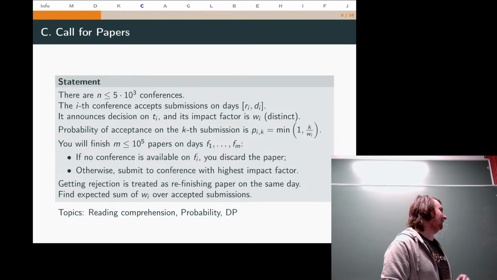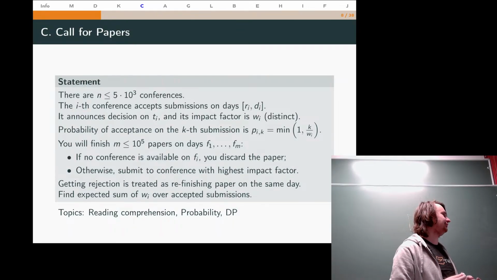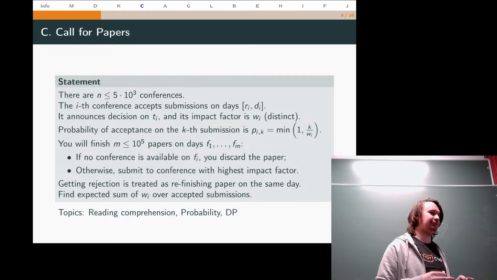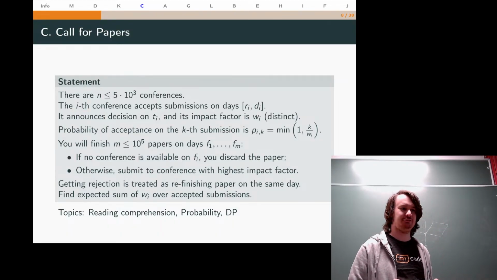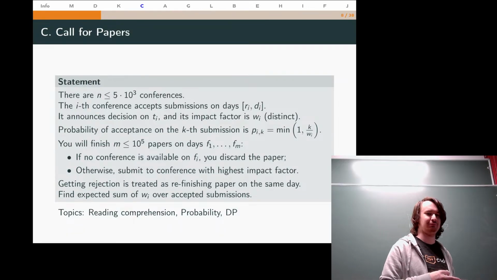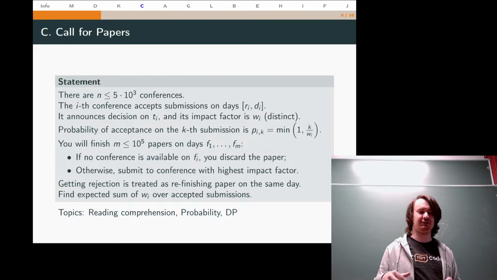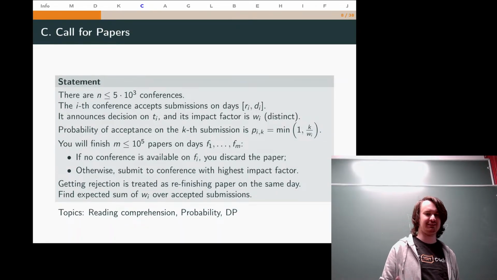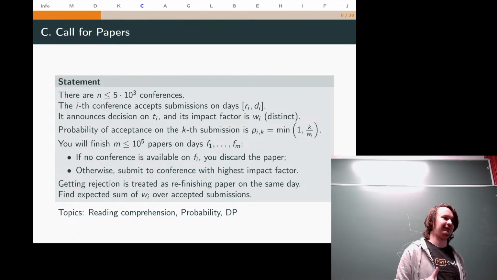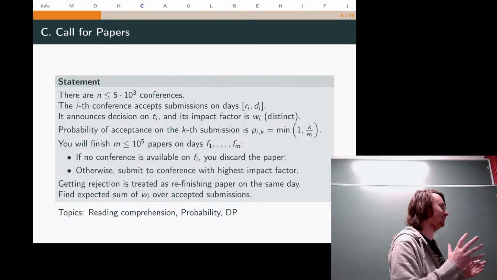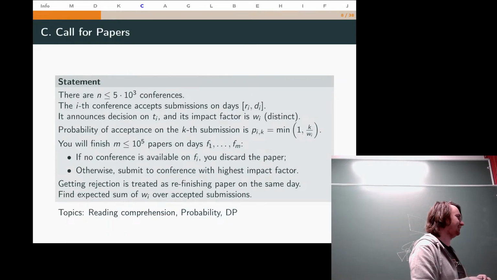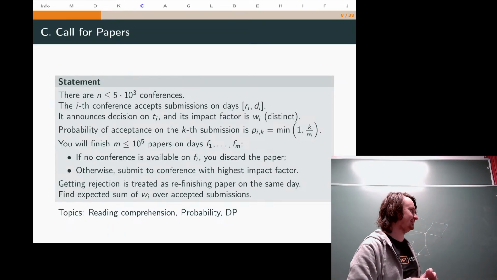Now, going further, we are given information about m papers that we have prepared and that we would like to submit to those conferences. We know that for each paper we will finish it on days F1, etc., Fm, again at some specific times that don't matter because of how the times are structured.